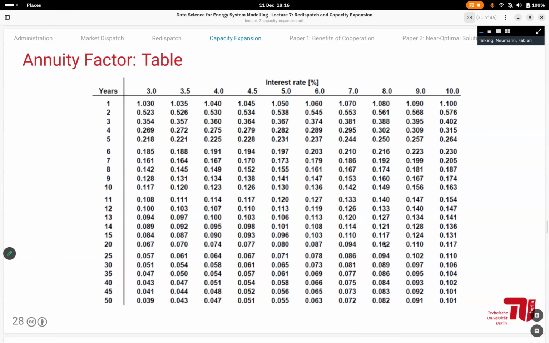So when we look back into our objective function, we have now made sure that the red and blue parts are aligned, that both terms of the sum are in annual values. They share the same unit. And with that, we can continue.